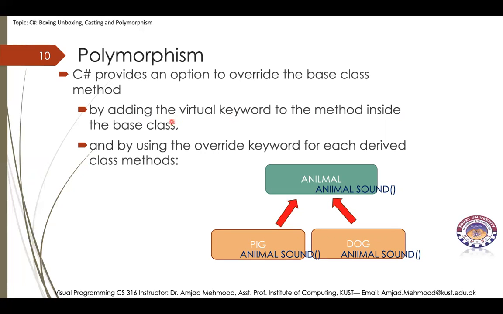So this is optional overriding. If the parent writes a virtual keyword with its signature, this is a kind of permission to its derived class, whether they want to override or not.